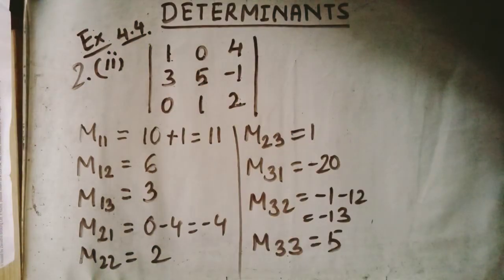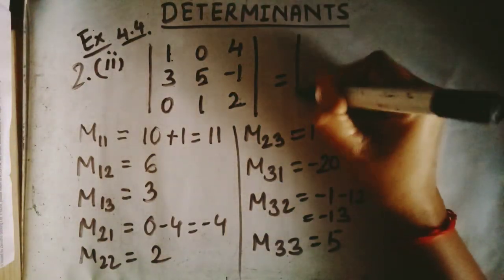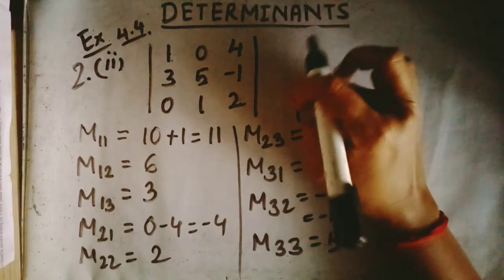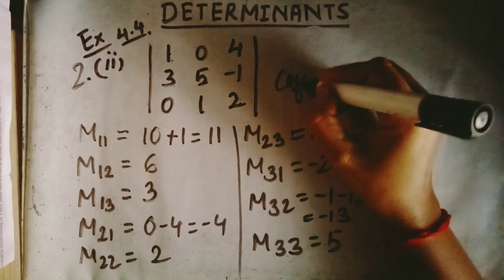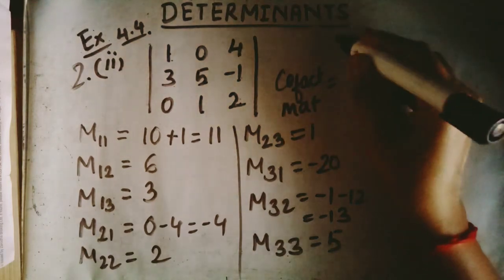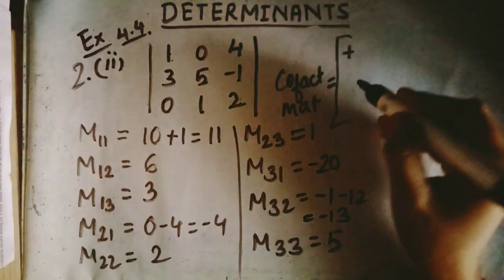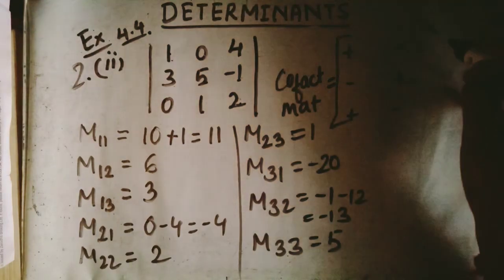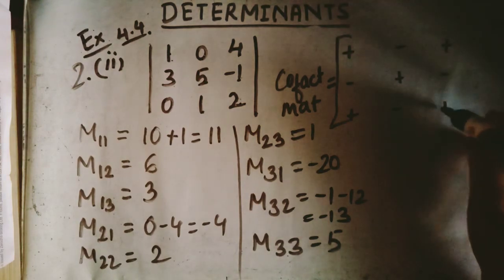I'll directly write the cofactor matrix, okay, with signs. Right here, cofactor matrix. So first you put signs, plus, minus, plus, minus, plus, minus, plus, minus, plus.